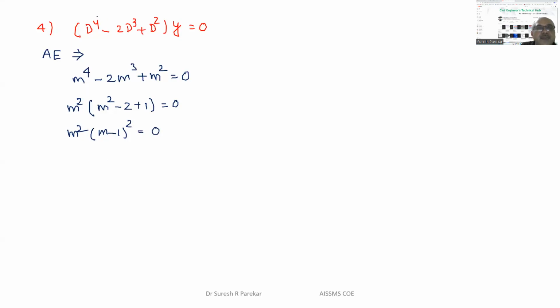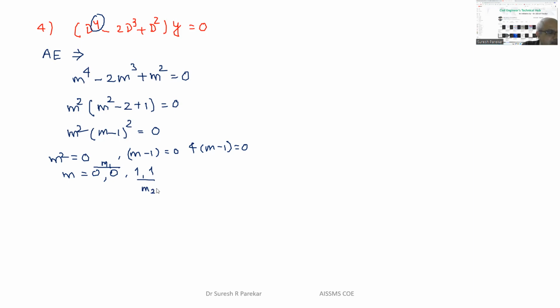So we have D to the power 4, so we have 4 roots. Now m² = 0, so we have m = 0, m = 0, two values. And then we have m − 1 = 0 and m − 1 = 0 because we have the square, and therefore from this we will get m = 1, then we have 1. So these two we are going to say as m1 and these two we are going to say as m2.